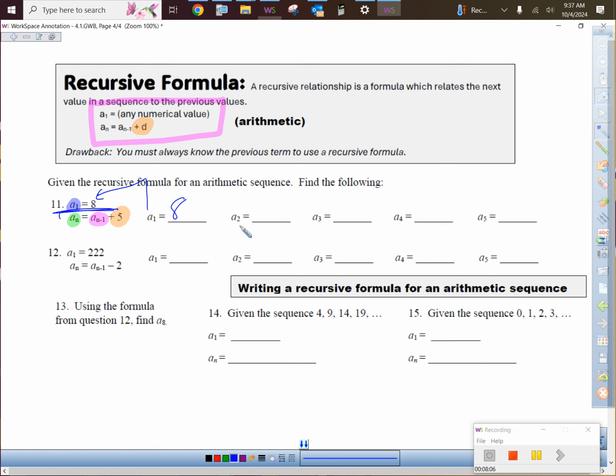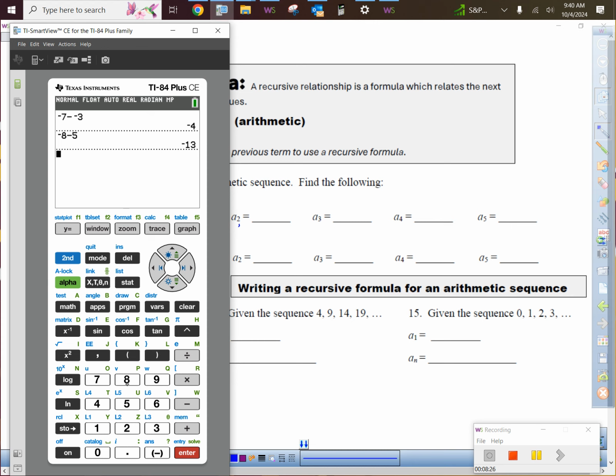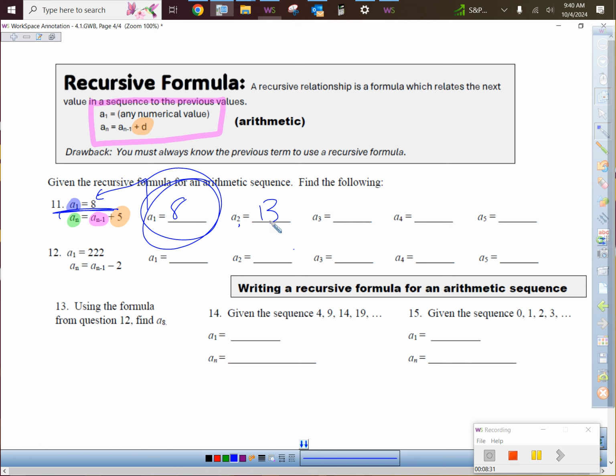So if you want to find the second term, can you tell me what the previous term is? Who's the previous term? 8. And then you're supposed to add 5 to it. So 8 plus 5, 13. That's the second term. To find the third term, we need to take the previous term, which is 13, and add 5 to it.